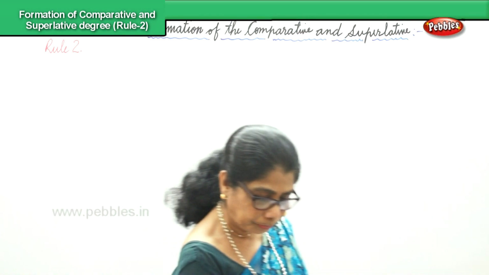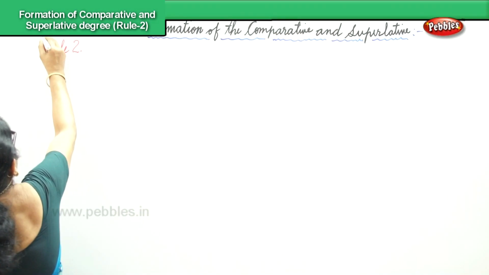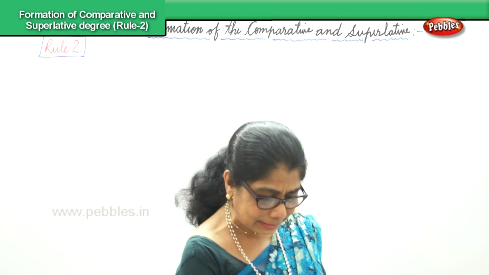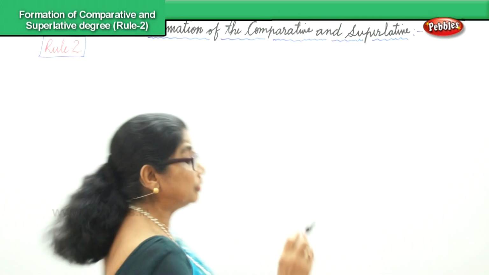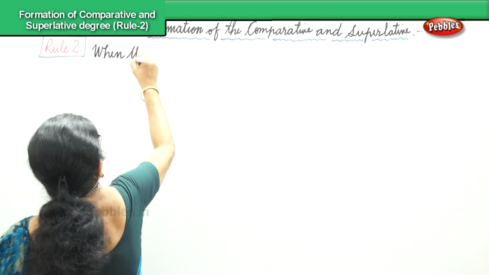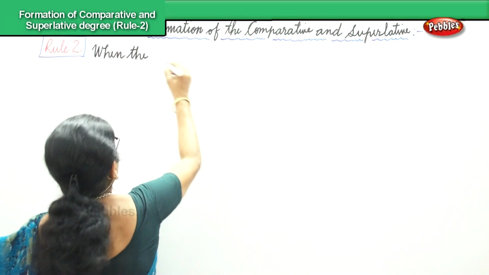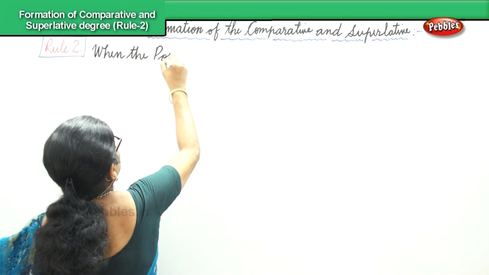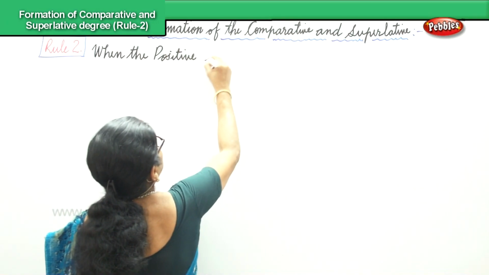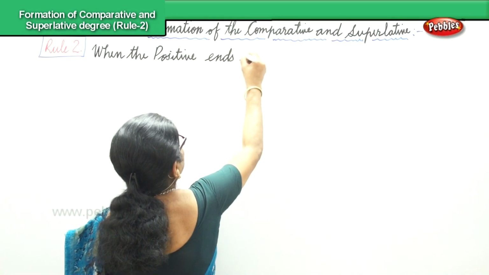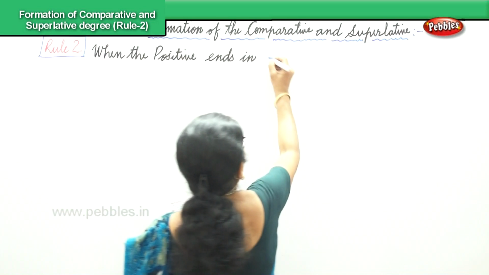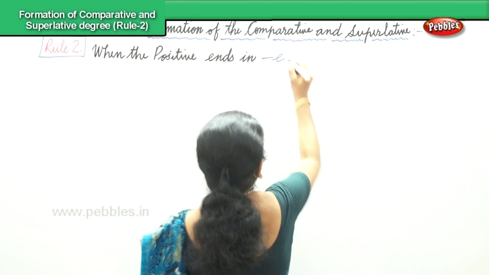Rule number 2. The rule number 2 says when the positive ends in E, when it ends in E, what happens?